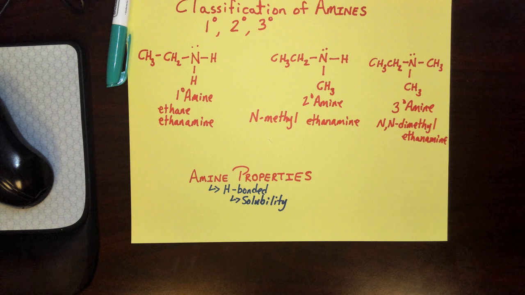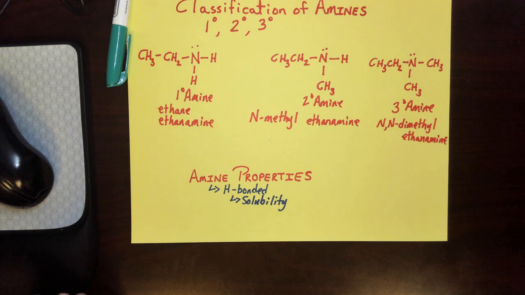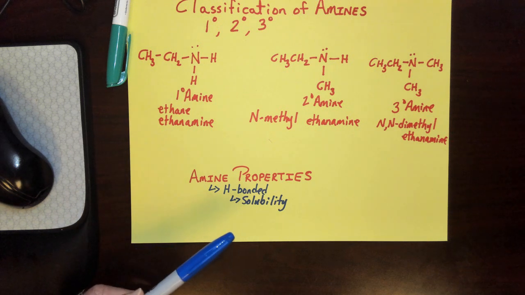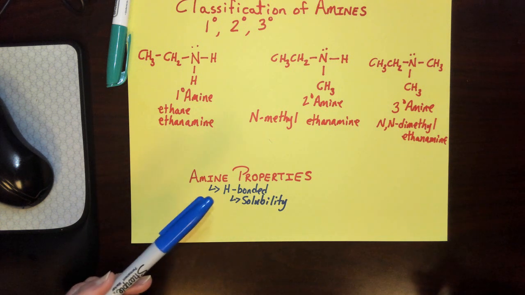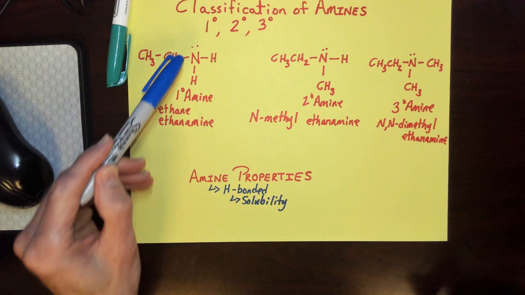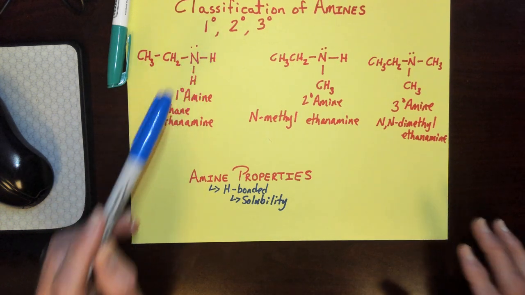Now, let's see. When we relate these properties in amines to those in alcohols, because alcohols have the hydroxyl group instead of the nitrogen there. It has an OH there.